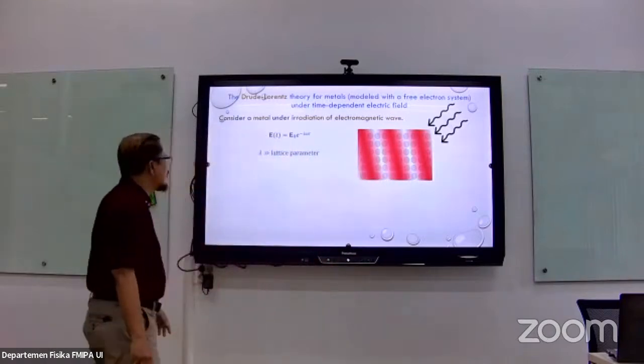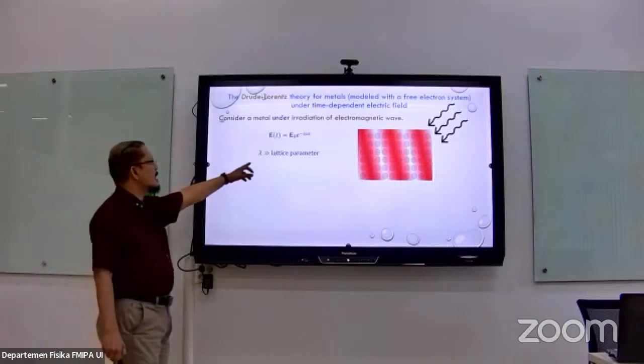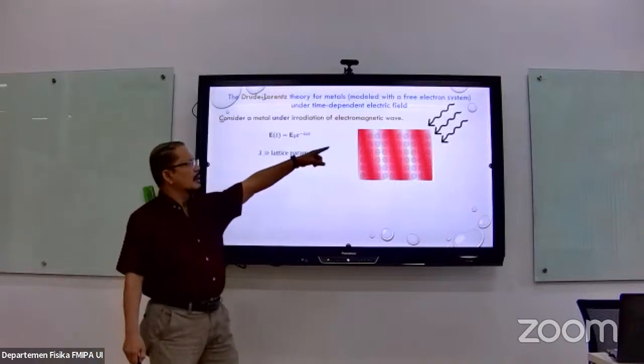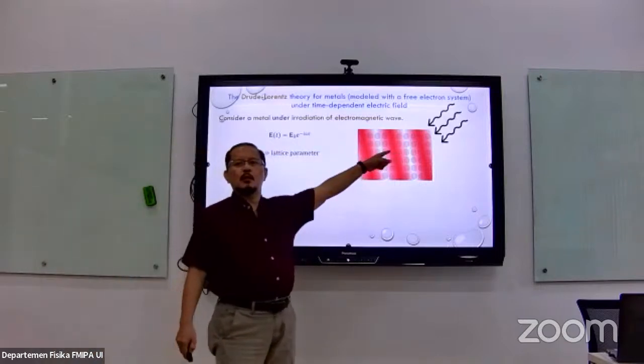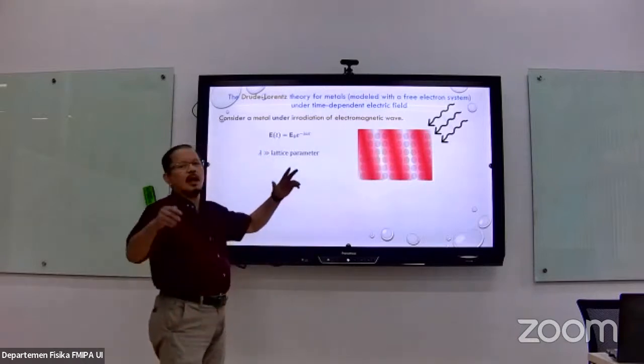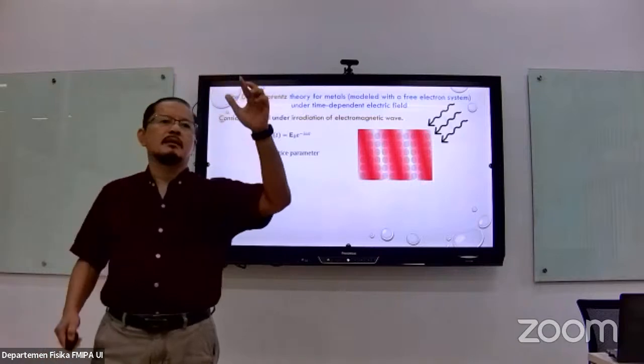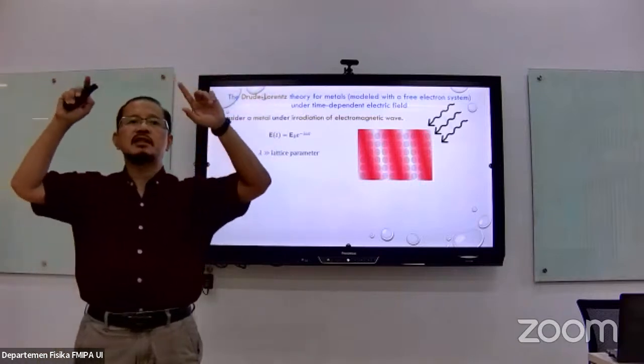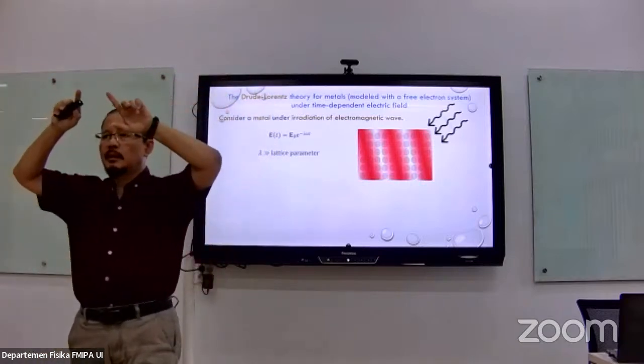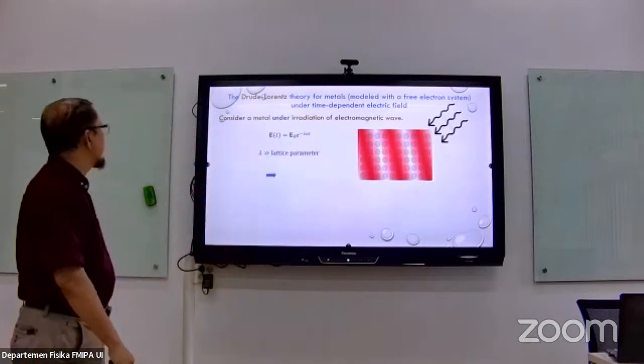Our assumption is that the wavelength lambda of the electromagnetic wave is very large compared to the average distance between adjacent atoms.